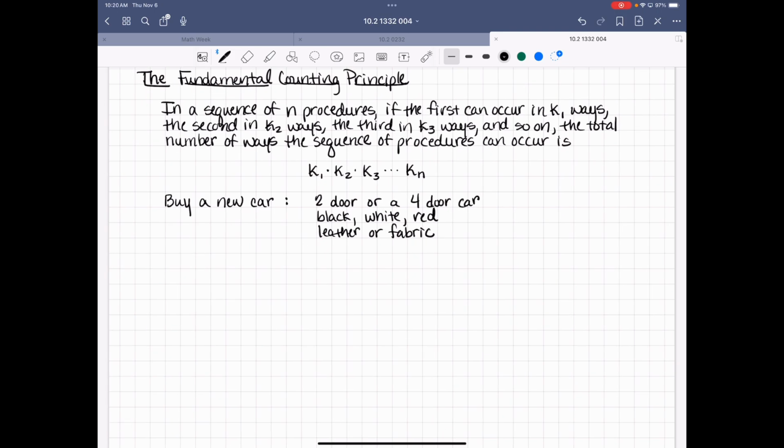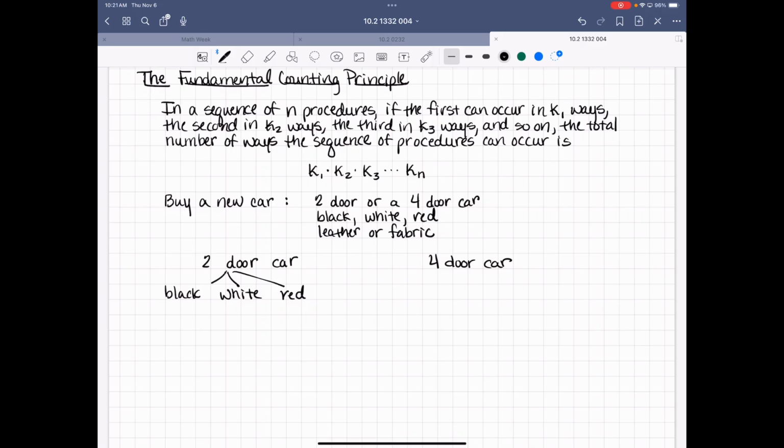Here's how I determine how many cars there are for me, how many possibilities there are. So I know it's either a 2-door car or a 4-door car, right? And from the 2-door cars, I have the option of black, white, or red.